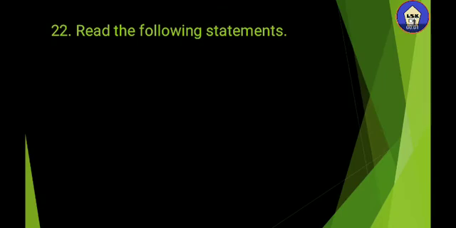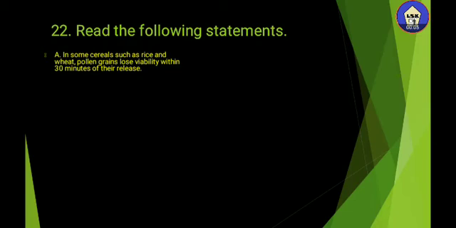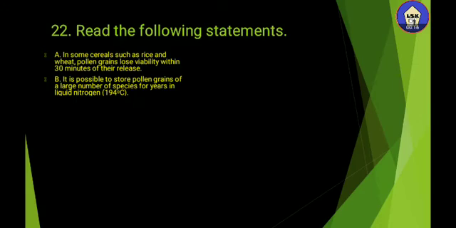Question number 22. Read the following statements. Statement A. In some cereals such as rice and wheat, pollen grains lose viability within 30 minutes of their release. This statement is correct. Now, statement B. It is possible to store pollen grains of a large number of species for years in liquid nitrogen, and the technology is called cryopreservation.